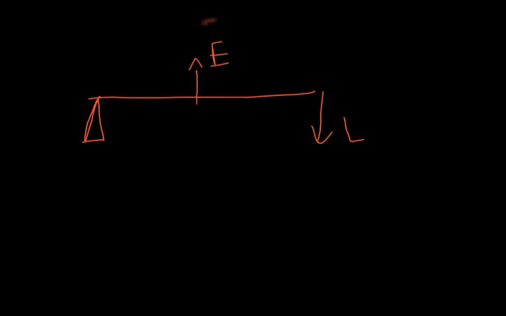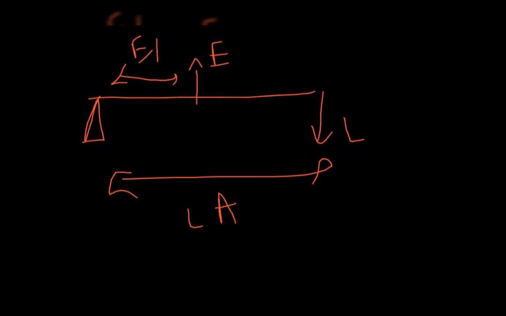Okay, now let's talk about the mechanical advantage. Now if you see, this is E, this is L. So this is the load arm, this is the effort arm. Load arm is greater than effort arm.